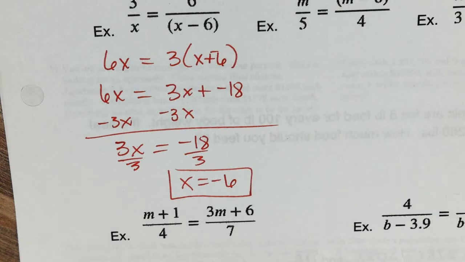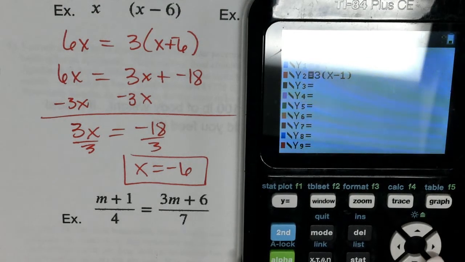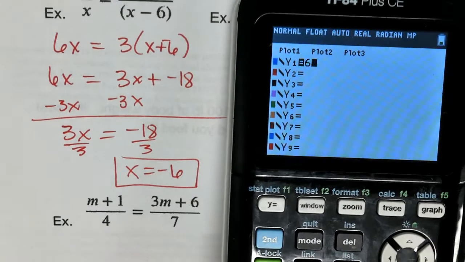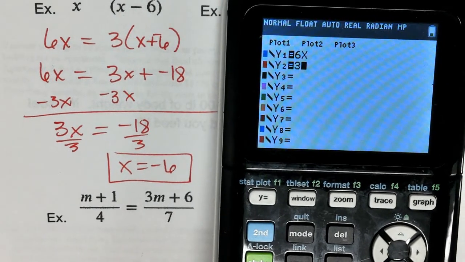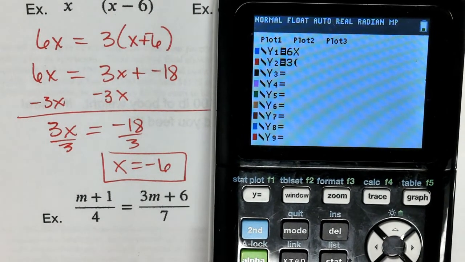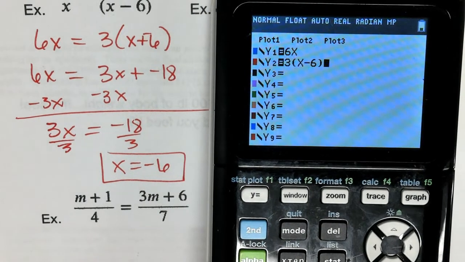So everybody look, because I'm seeing y'all are struggling. If I go to y1, I'm going to put in 6x. For y2, I'm going to put in 3, open parentheses, x minus 6. If you don't put the parentheses, the whole thing is wrong.